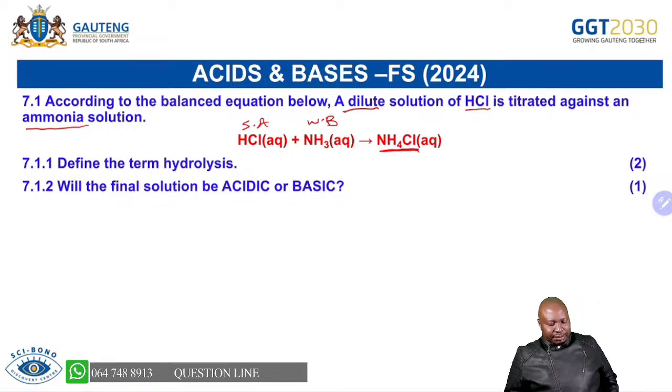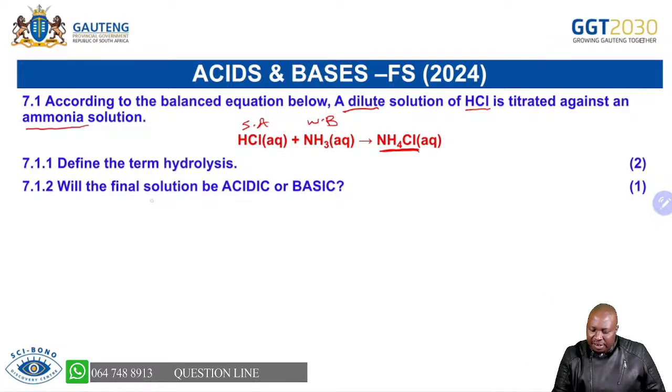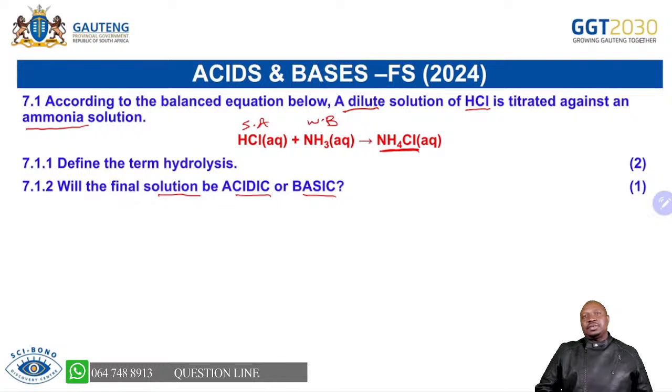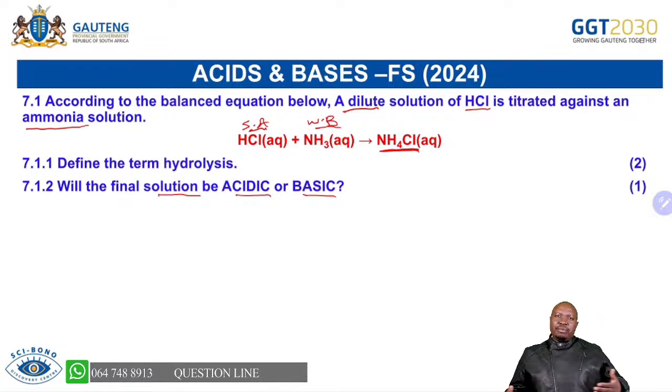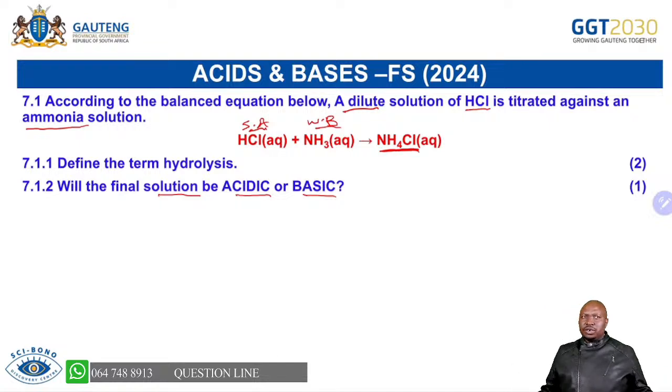Now, the question that comes after that is, will the final solution be acidic or basic? A good question. You are having a strong acid reacting with a weak base. It's like having a boxing match between a stronger person and a weaker person. Who will win? You ask yourself that question.